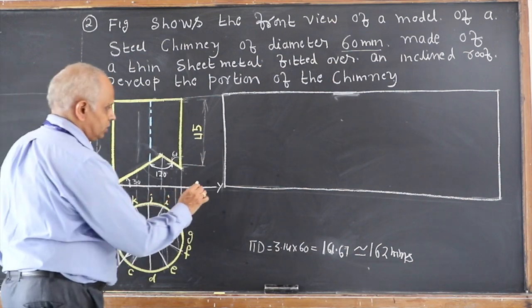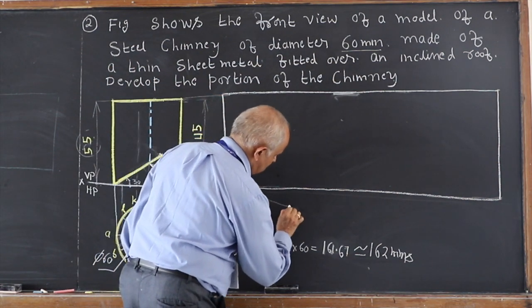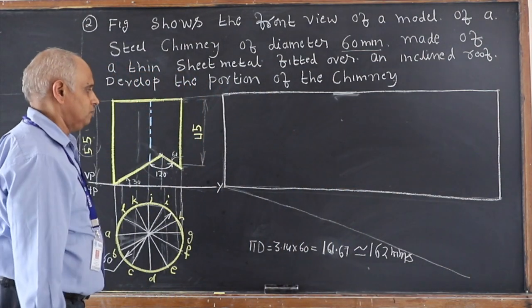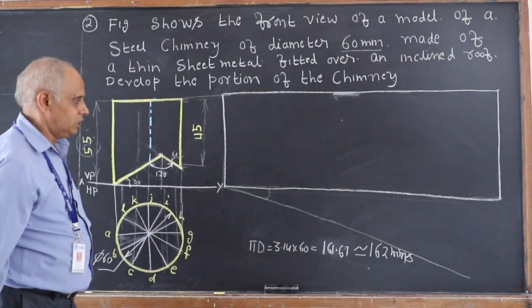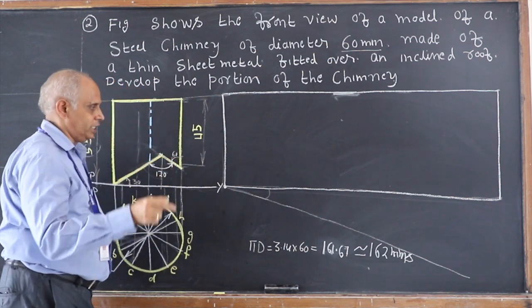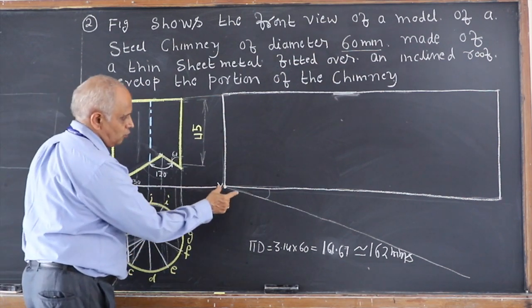For that you draw an arbitrary line at some angle, a line of arbitrary length and arbitrary angle. This can be 30, 50, 45, whatever it is. Draw it at some arbitrary value. Take some approximate thing on the divider. Maybe you can take, say, 15 mm or 14 mm.